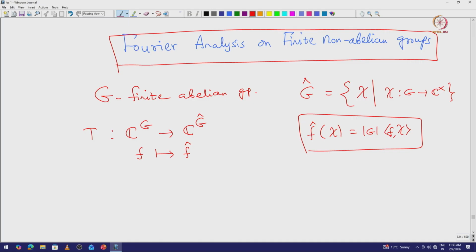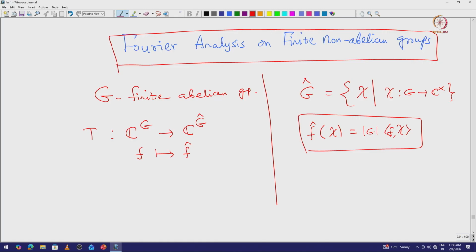Now, this interpretation is not going to help us much. We need to replace the dual group by something else. If we replace G hat again by the group characters, that is not going to help us.